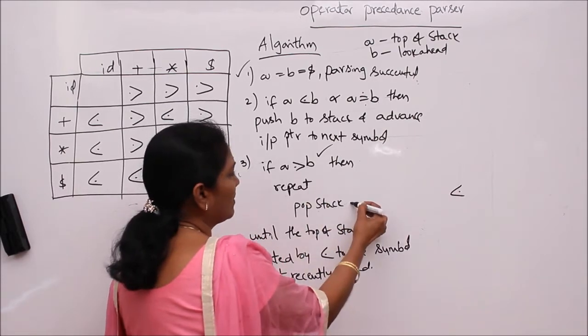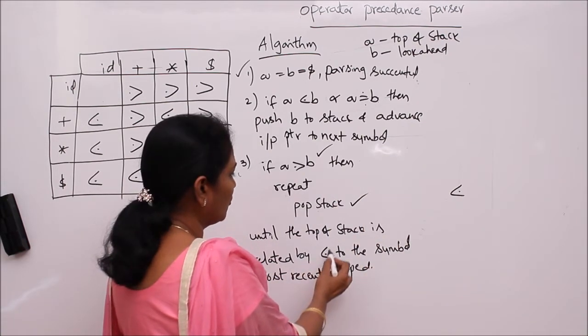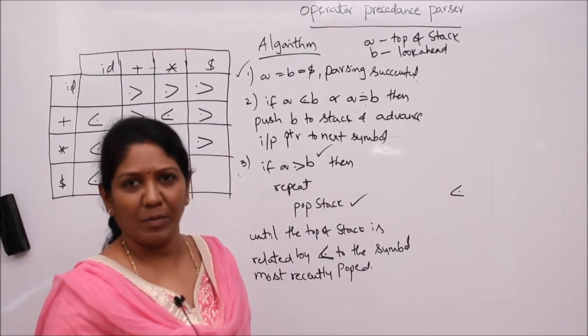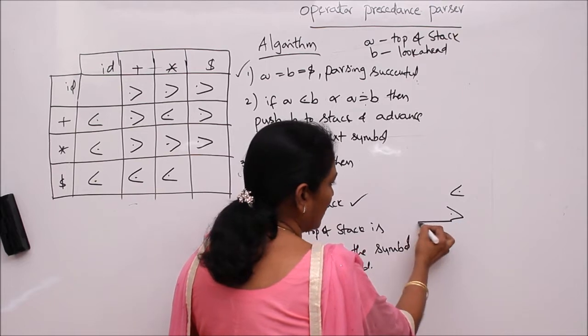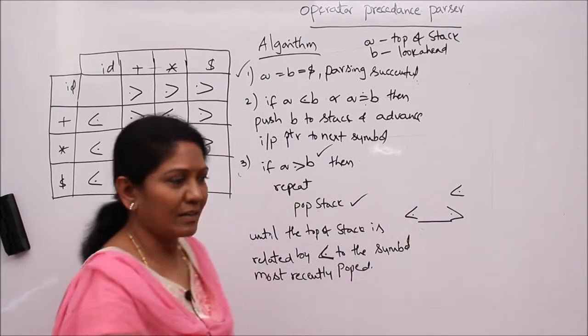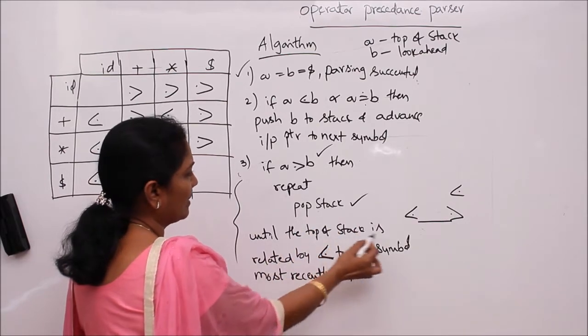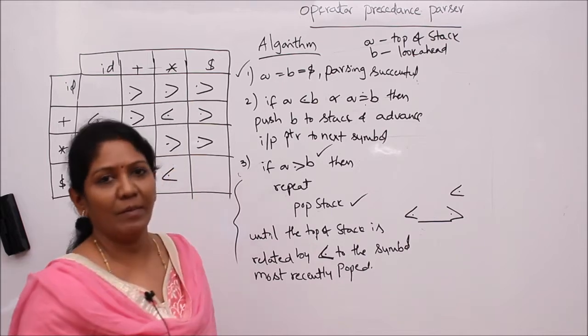It has to take out the symbols one by one until the symbol that is taken out is related by less precedence to the symbol most recently popped. Whatever you are taking out, once it is greater, take out the symbol until this is satisfied. That is what it means. Repeat: pop the stack until the top of the stack is related by less precedence to the symbol most recently popped.